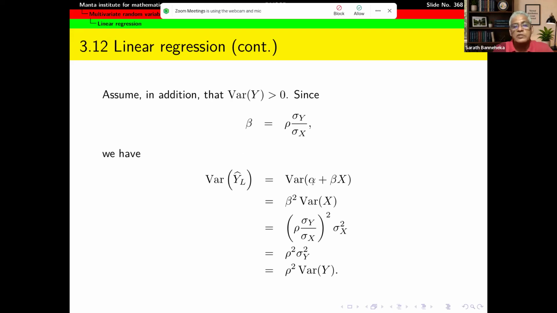So alpha is a constant. So variance of constant plus beta times x will be beta square variance of x. Now we substitute for beta here, and we get this expression: variance of y hat L is equal to rho square times sigma square y.